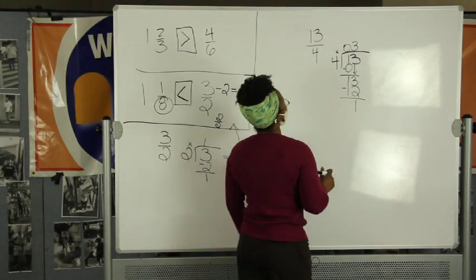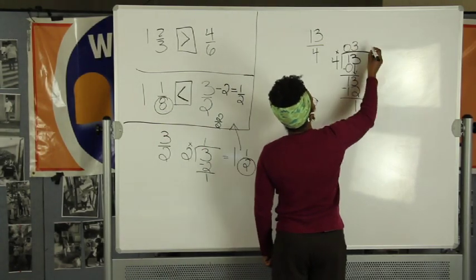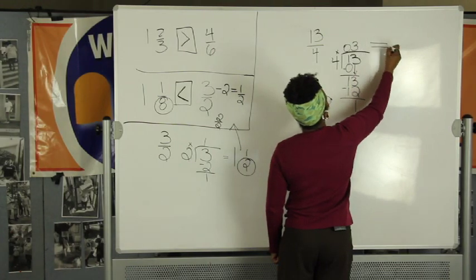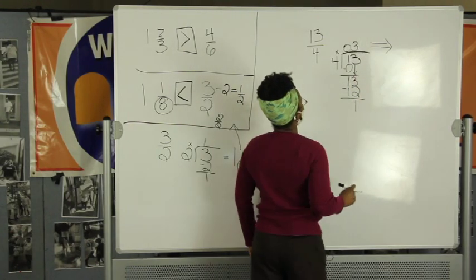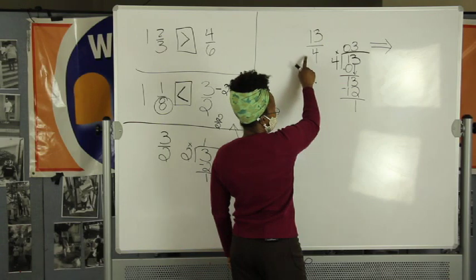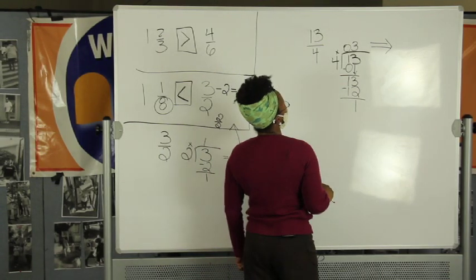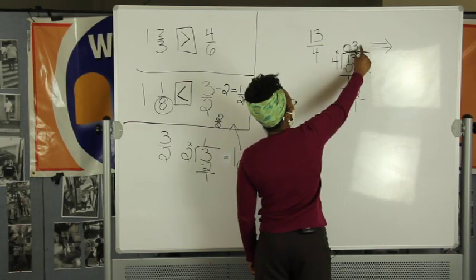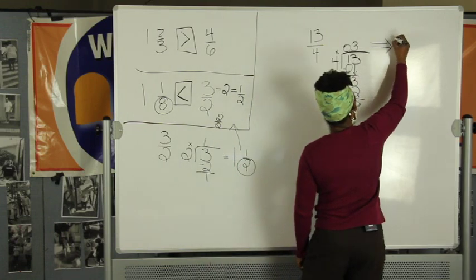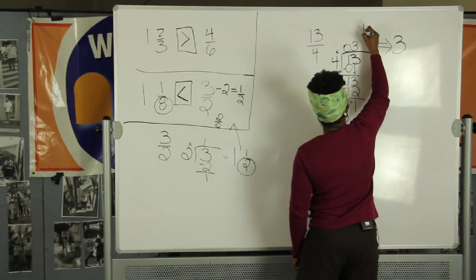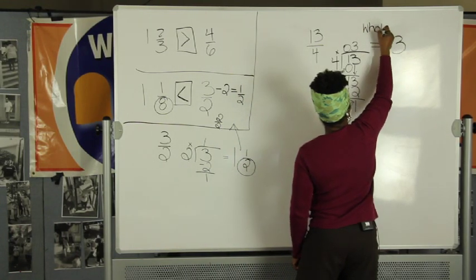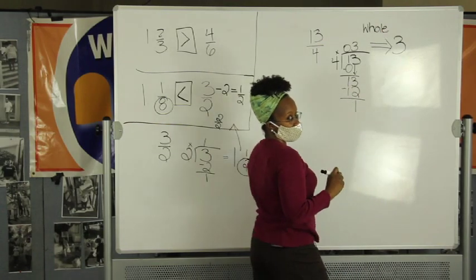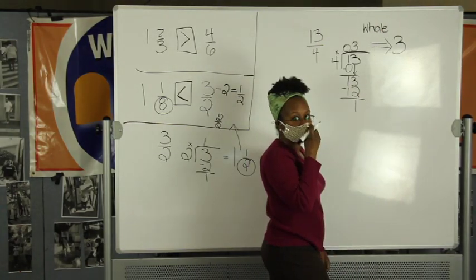That's it. So now what we're going to do is put the mixed number that is equal to this number. So how many wholes do we have? We have 3 wholes at the top. When I say wholes, I mean like a whole, not a half, but a whole. Not a hole like you dig a hole, okay?